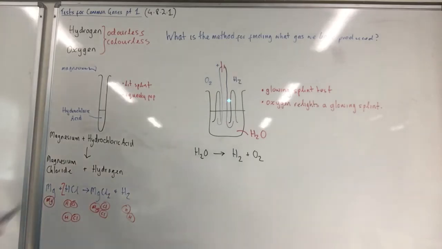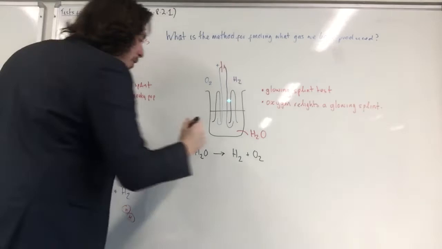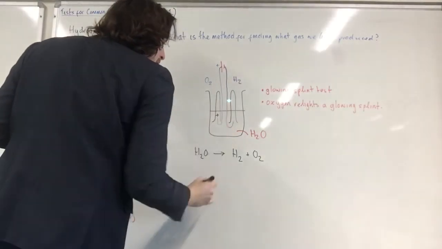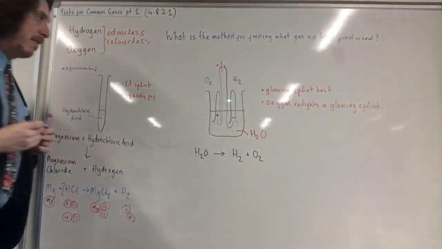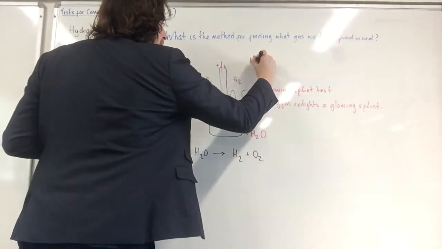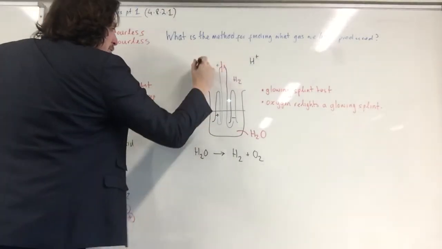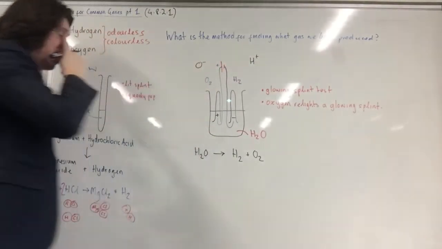Let's say we do the electrolysis of water, where we've got a positive terminal and we've got a negative terminal. Hydrogen produces positive ions, so that's H+. Oxygen produces negative ions.